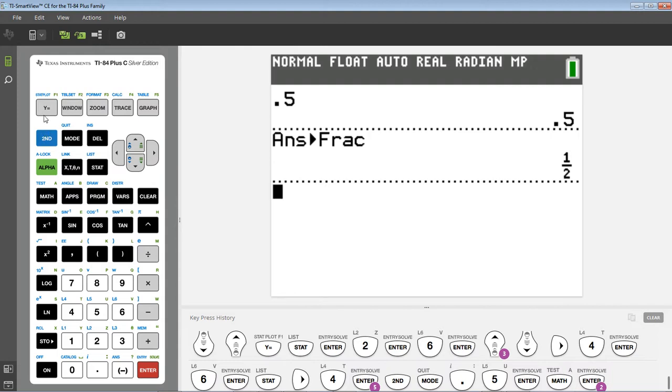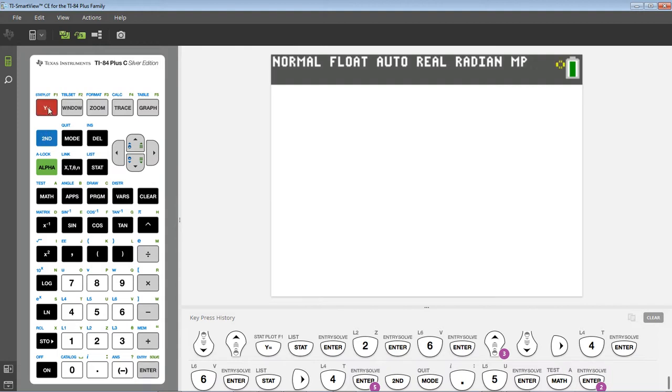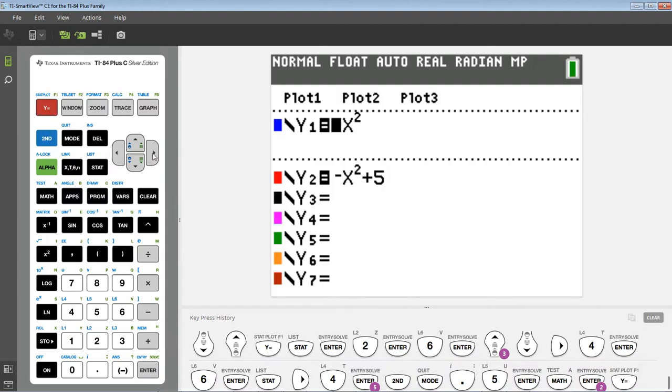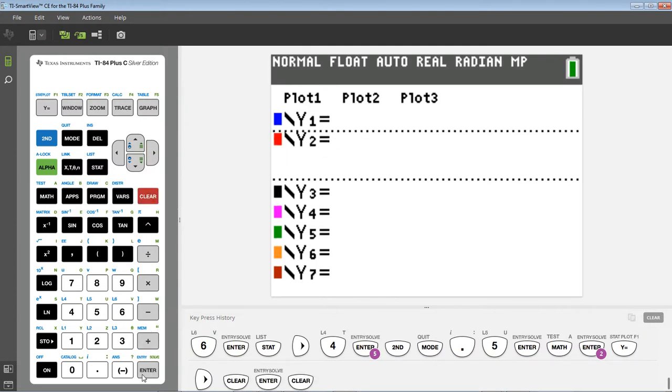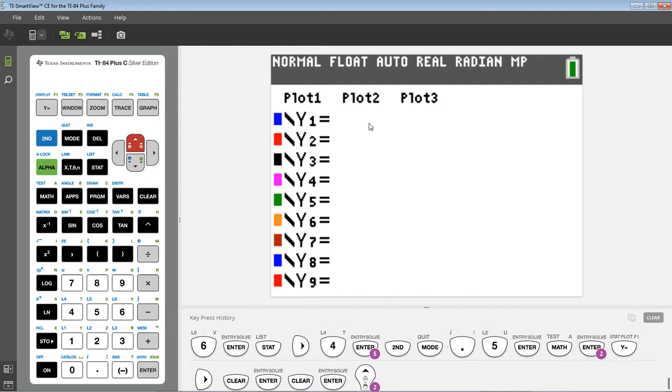And in this case, what we're going to do is go to y equals. Okay, we need to clear this out. Clear all this out. And what we're going to put in is the formula that we got for the equation of the line. And that equation was y equals 1/2 x plus 3.